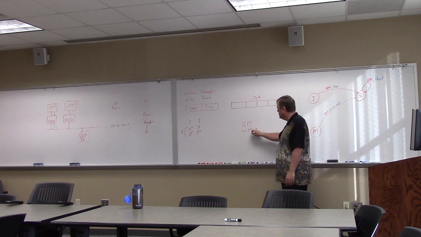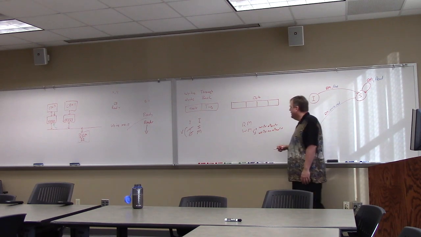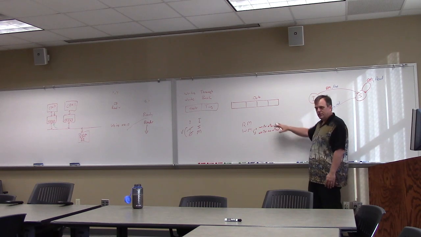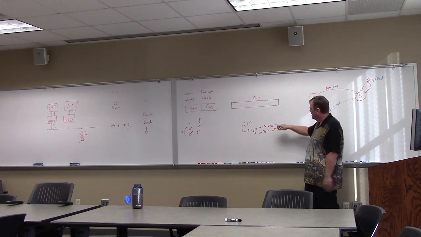So write misses, there are options. There could be write allocate and write no allocate. Let me address this one when we get into this, because this could be where some of the confusion is, because I see some confusion on those.